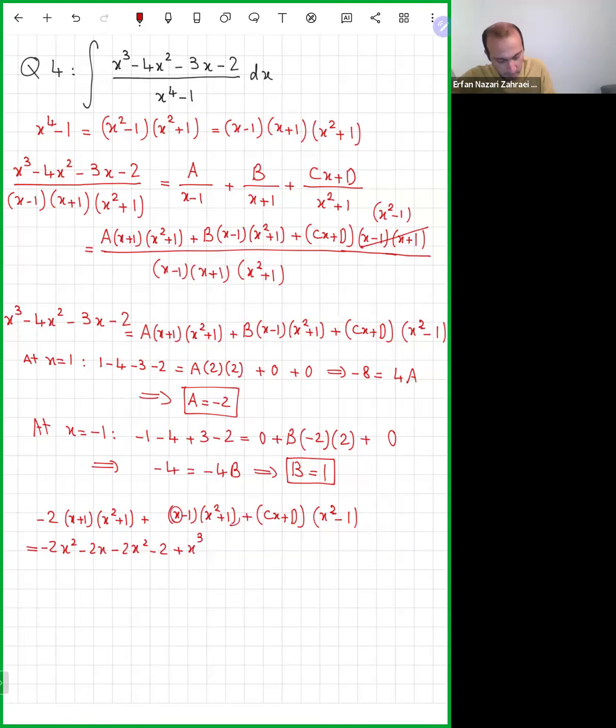X times 1 is x. Minus 1 times x squared is minus x squared. Minus 1 times 1 is just minus 1. Plus, now expanding the other one: this times this is cx cubed. This times this is minus cx. This times this is dx squared. And finally, this times this is minus d.